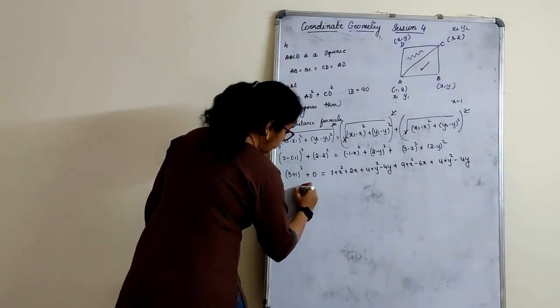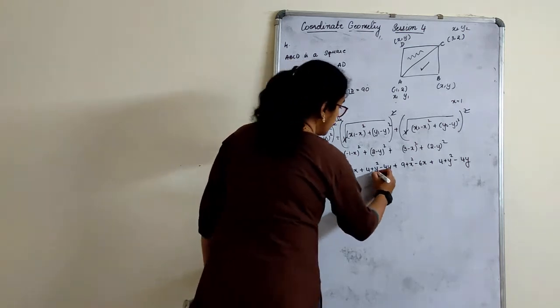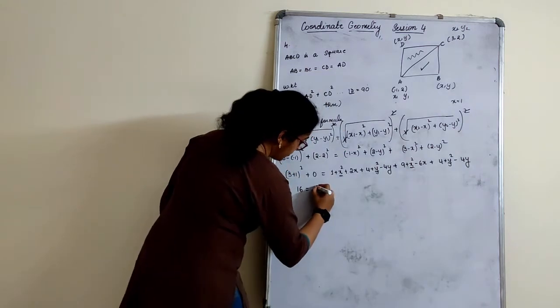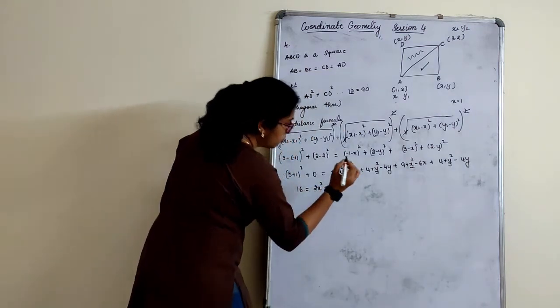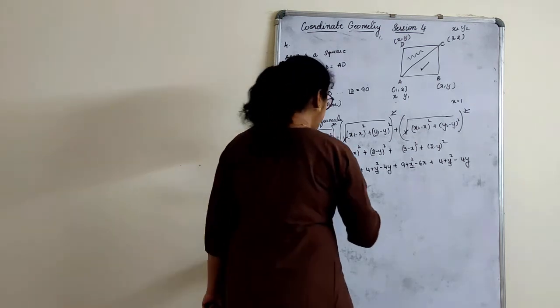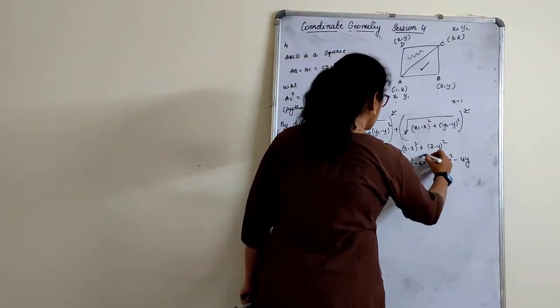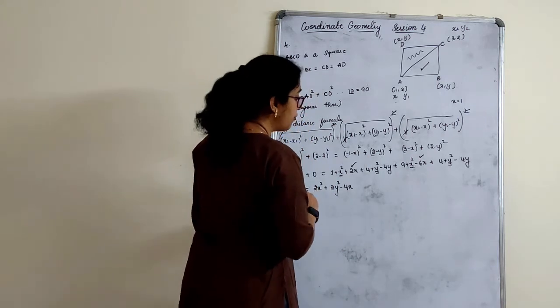So 3 plus 1 is 4, 4 square is 16. x square, y square, x square, y square: 2x square plus 2y square. Okay, 2 times x square and 2 times y square we have. Then let us check the x term: 2x minus 6x is minus 4x.